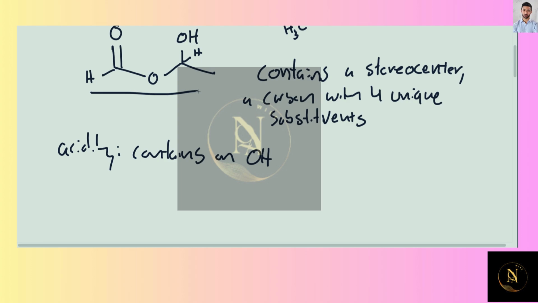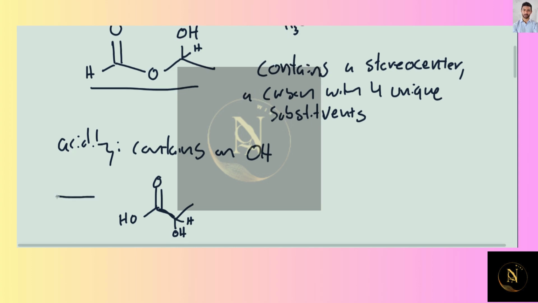So this is like an ester, but we could have also had this carboxylic acid. This would also have a stereocenter, and it would have the correct formula. Okay, this would actually be more acidic than this one. So this is a little more likely.